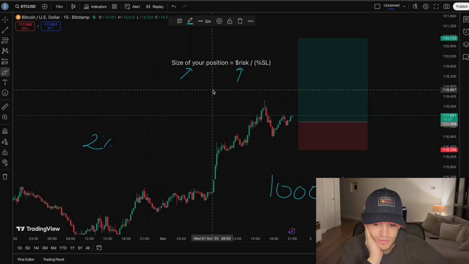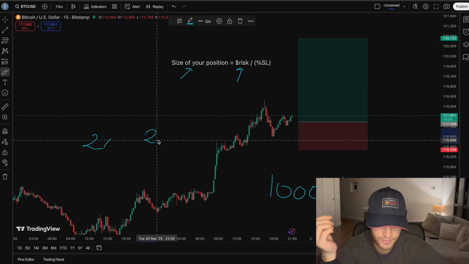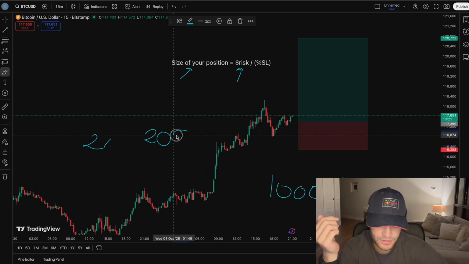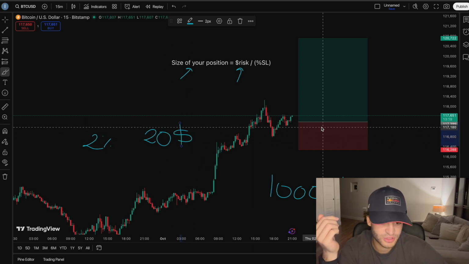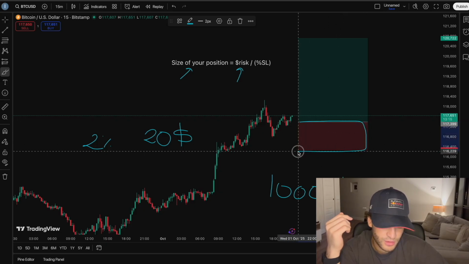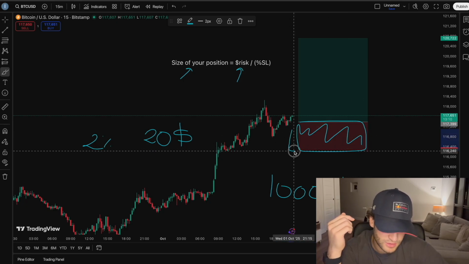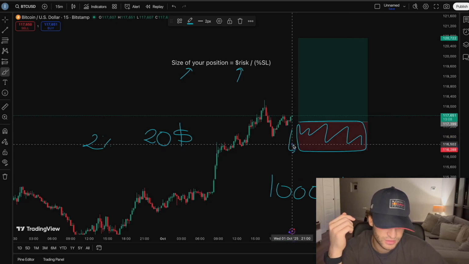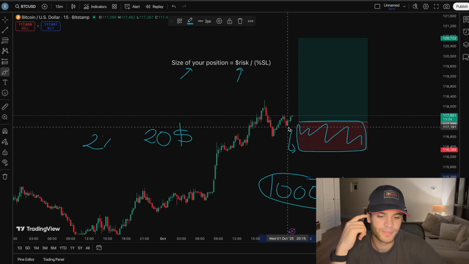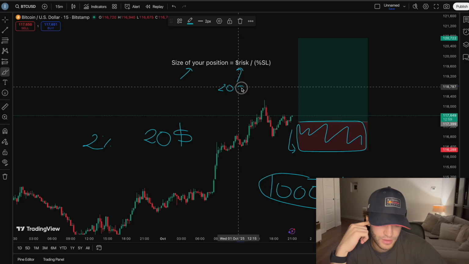So now we know that 2% of 1,000 is $20. That will be the dollar risk we want to take per position, which means that once we lose all of this, once this is lost, at the end of this box, we have lost our $20, which is 2% of our account. So we plug in $20 right here.